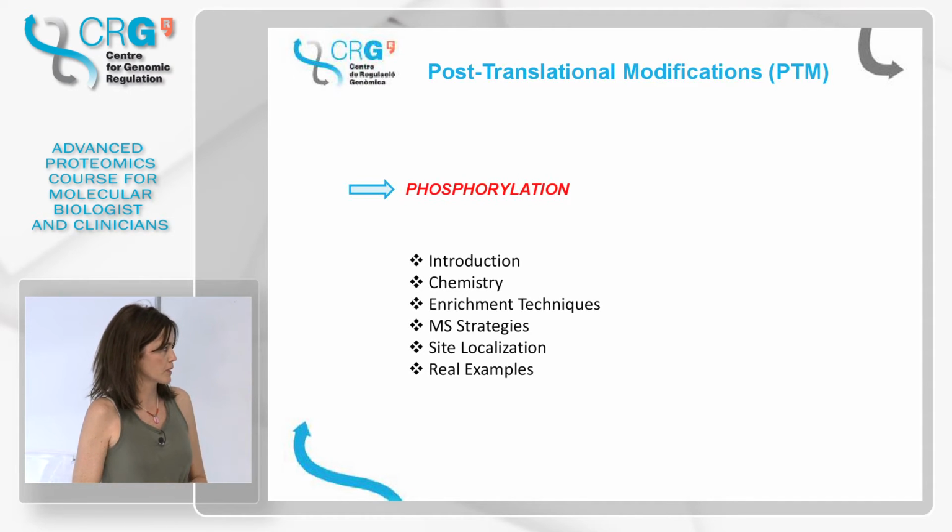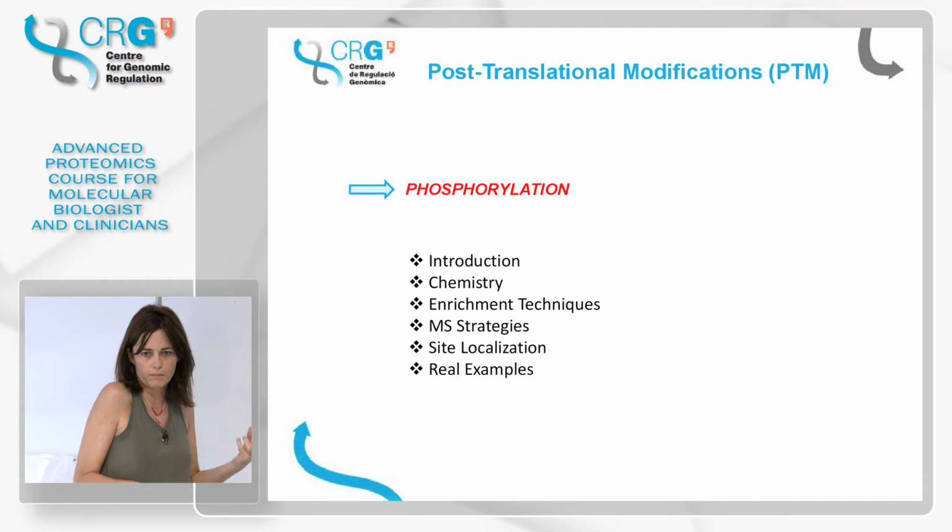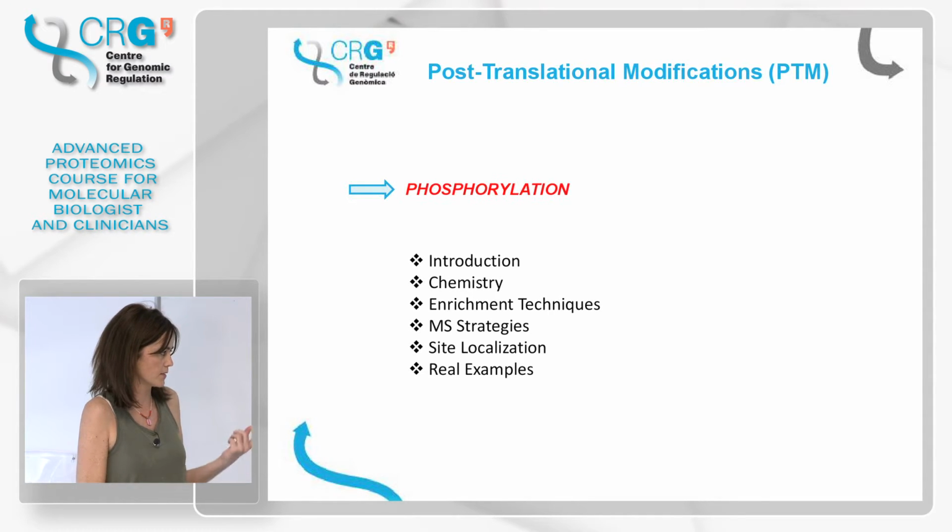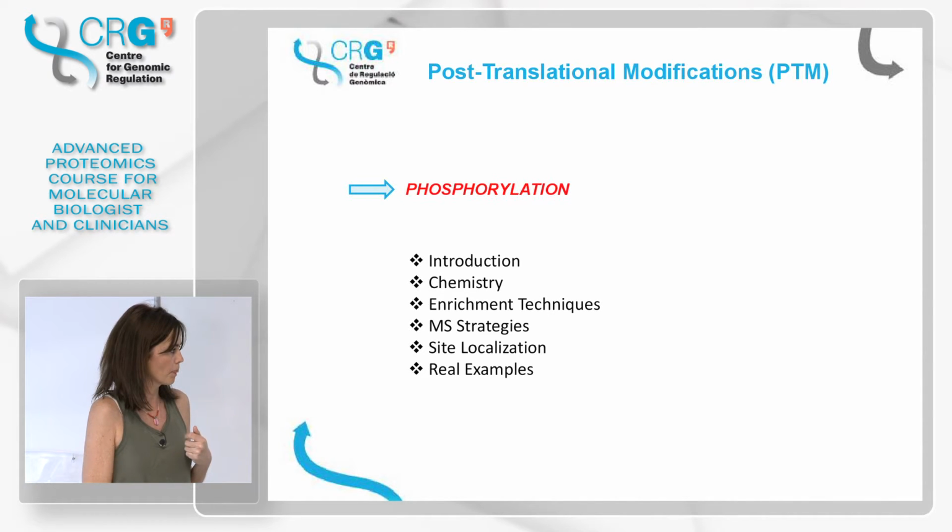Phosphorylation, I'm going to explain more extensively, because some problems we see in common with other modifications, like why we need to enrich or site localization. This is something that happens with each modification. And we're going to go through how is the chemistry, what is this modification, how do we enrich, which strategies we use in mass spectrometry, how do we localize it, and talk about some real examples.